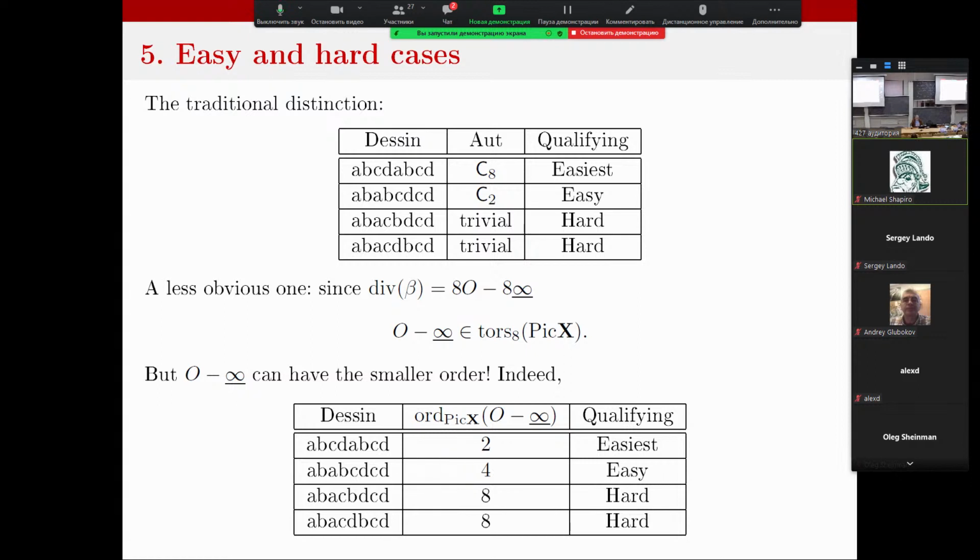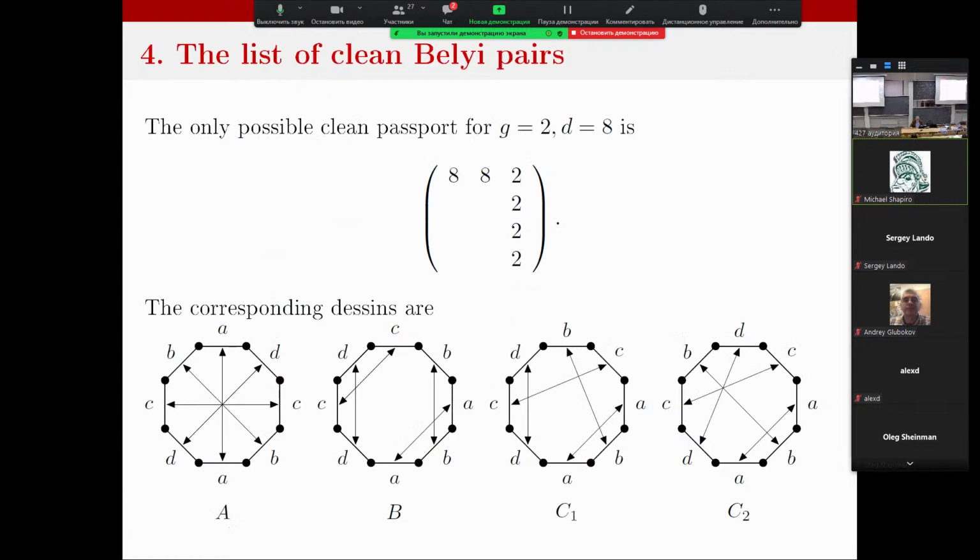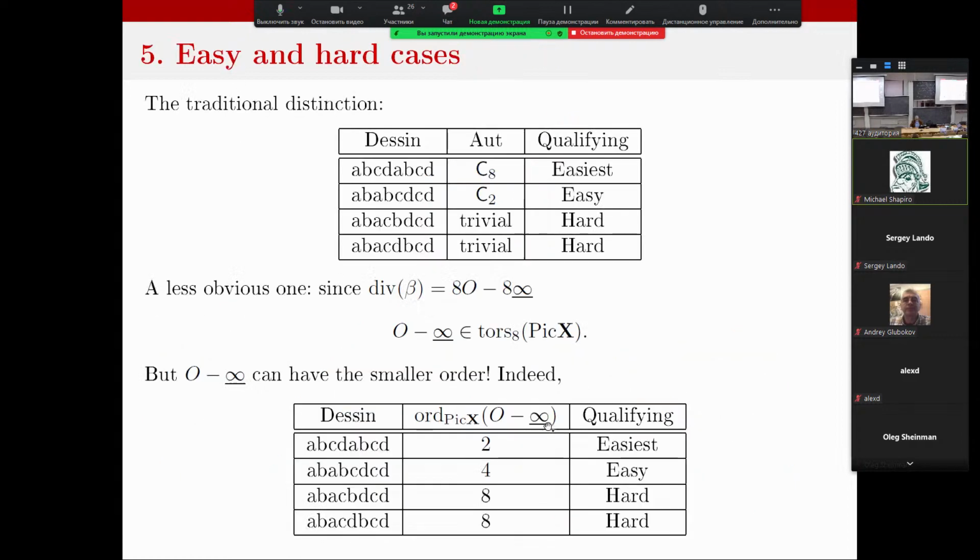As for the traditional distinction, it is obvious just by the automorphisms, and if we return for a while there, we see immediately that here we have the cyclic group of symmetry of order 8. Here we have a cyclic group of order 2, and here, that is not so obvious, but please believe us that there are no automorphisms.